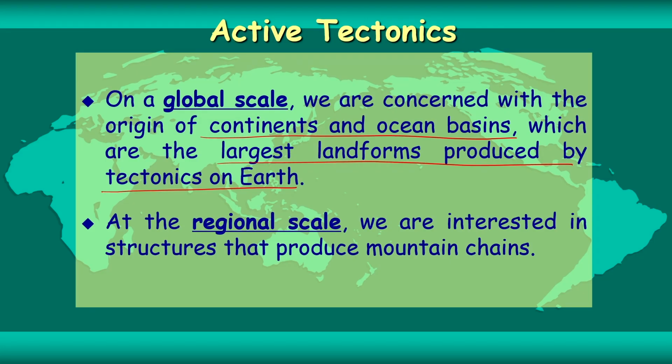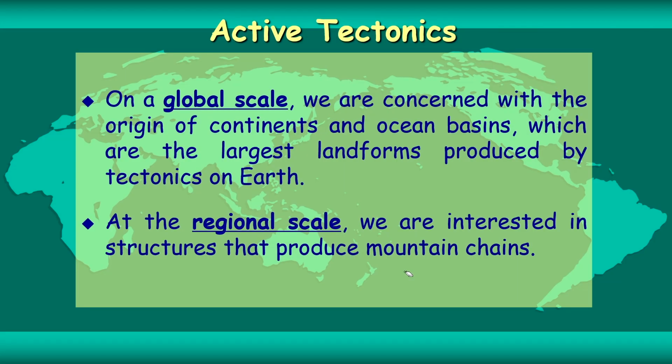Then coming to the regional scale, we are interested in the structures produced, like mountain chains. So we talk about the Himalayas. In the larger global scale, let us take the Indian example. The Indian subcontinent on a global scale is a plate. And on the regional scale, you will talk about the Himalayas.